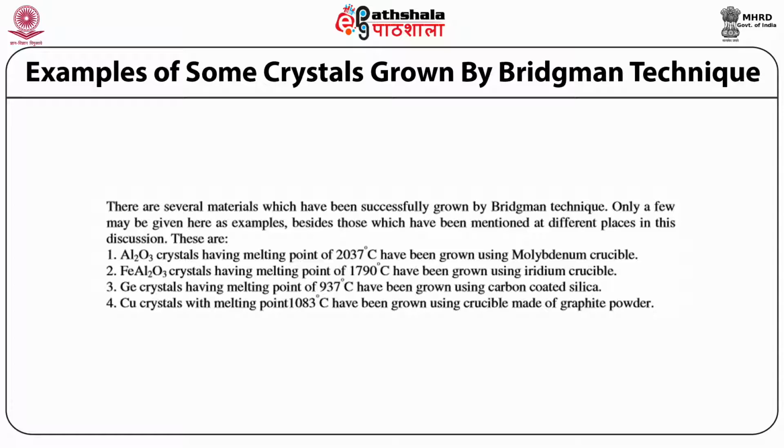Germanium crystals having melting point of 937 degrees centigrade have been grown using carbon-coated silica. Copper crystals with melting point 1083 degrees centigrade have been grown using crucible made of graphite powder.